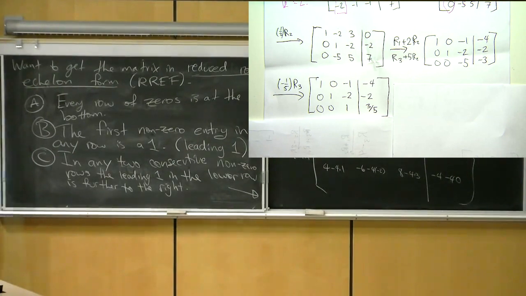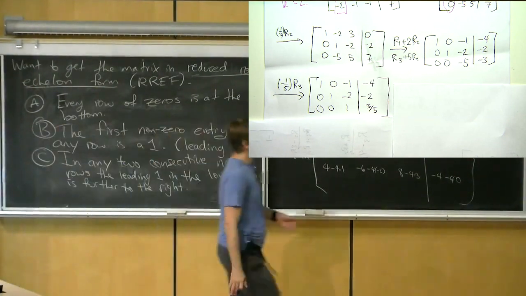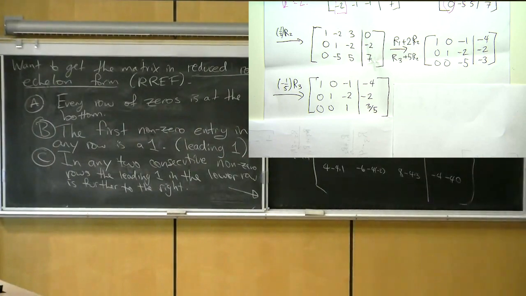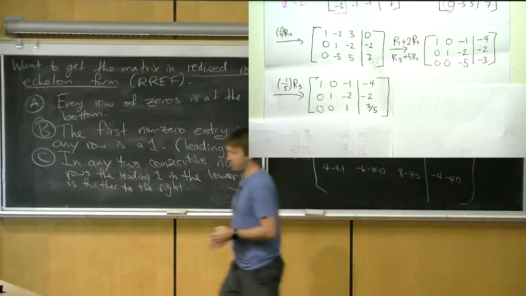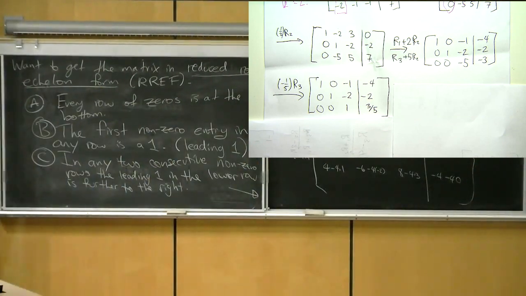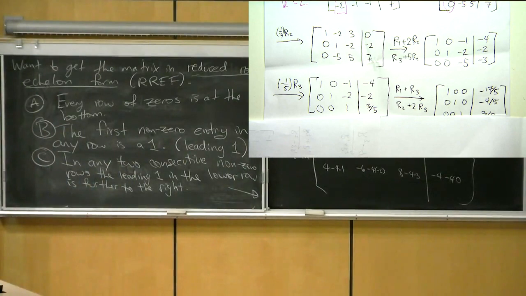And then we're almost done, because all I have to do is get rid of that negative 2 and that negative 1. I just add the third row to do that. So row 1 plus row 3, row 2 plus 2 row 3s.